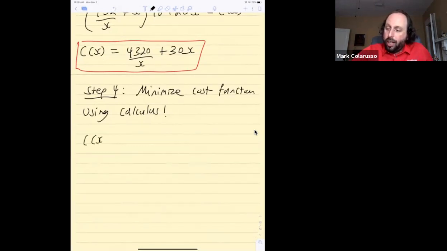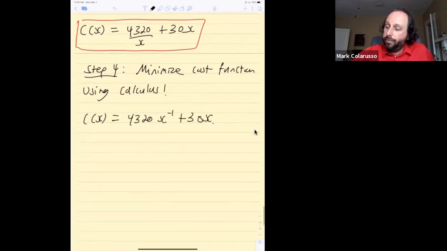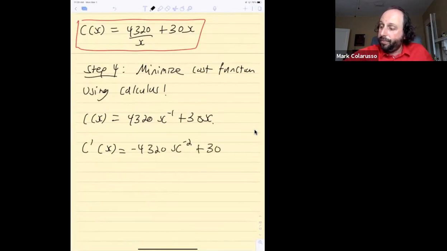So I'm going to write C of x to be 432 x to the minus 1 plus 30x. And so C prime of x is minus 432 x to the minus 2 plus 30, right?